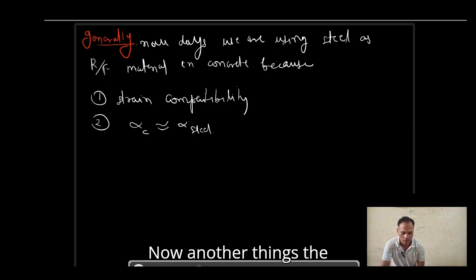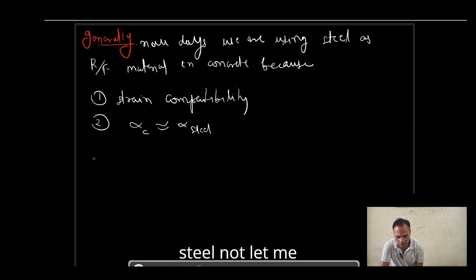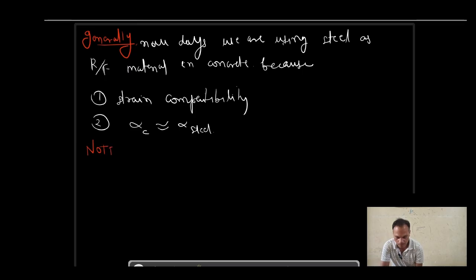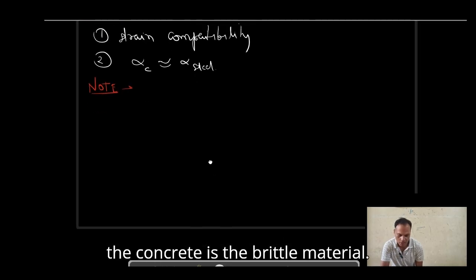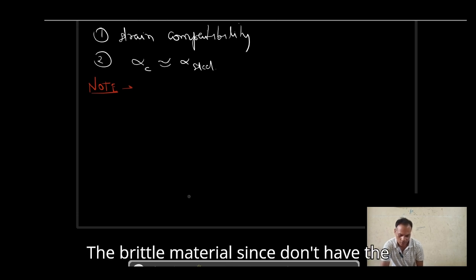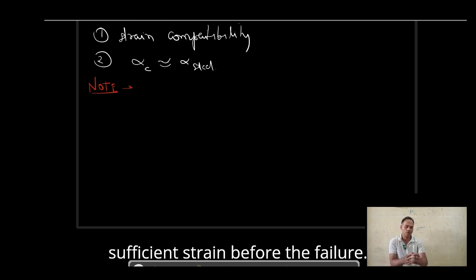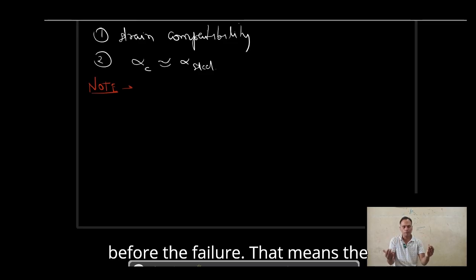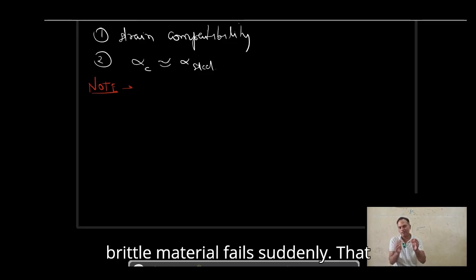Now, another thing, the steel note. Let me write it in the form of a note. The concrete is a brittle material. Brittle materials do not have sufficient strain before failure. That means it does not give a warning before failure. That means a brittle material fails suddenly.